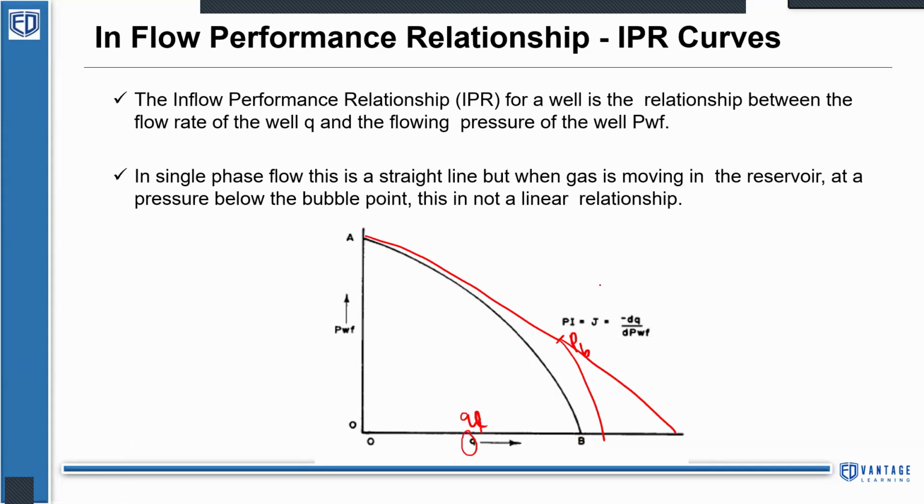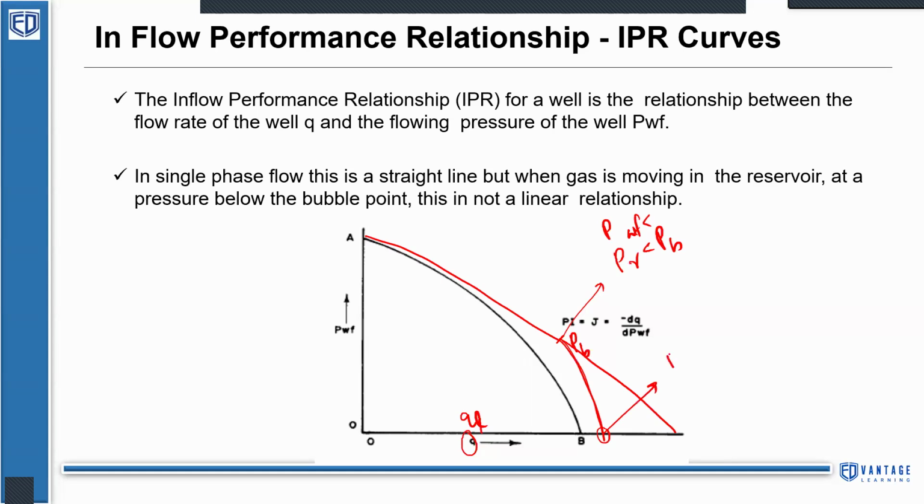Since gas starts coming in below this PB, when P reservoir is less than PB, and also PWF is less than PB, gas starts coming in, this will tend to decrease the liquid flow rate and will try to increase the gas flow rate. That is why we have a reduction in the actual AOF.